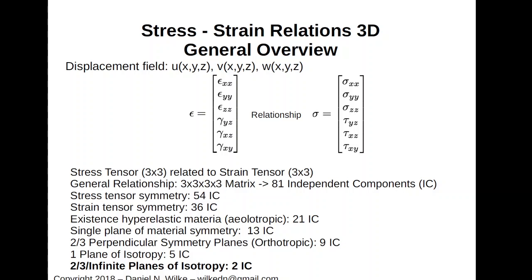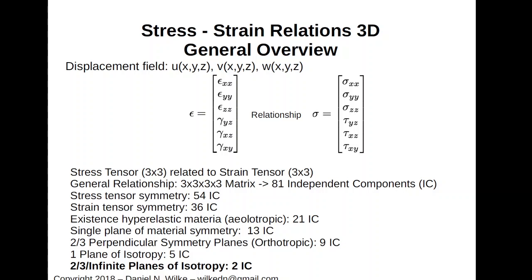And if you think about that, a 3x3 is 9, times another 3 is 27, times another 3 is 81 independent components. Luckily we know that because of symmetry in the stress tensor, when we don't have micro spins or micro moments in the material, and symmetry in the strain tensor, we're down to 36 independent components.